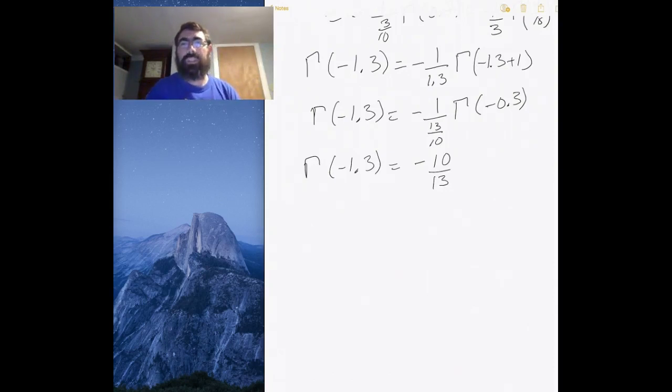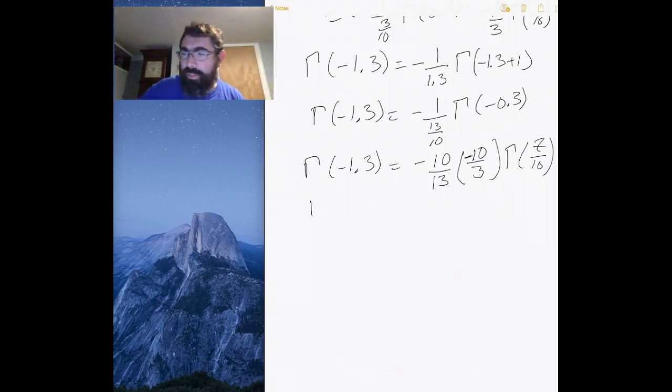Now I've already worked out what the gamma of negative 0.3 is, and that would be negative 10/3 times the gamma function of the fraction 7/10.